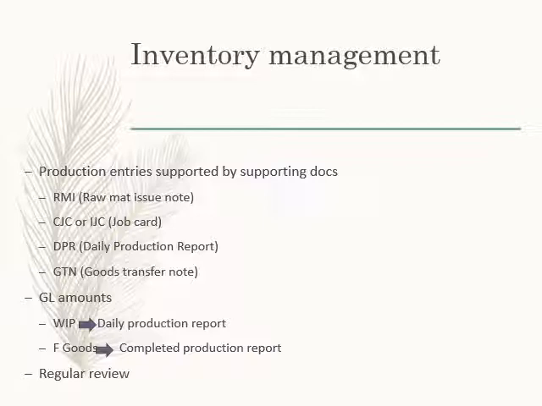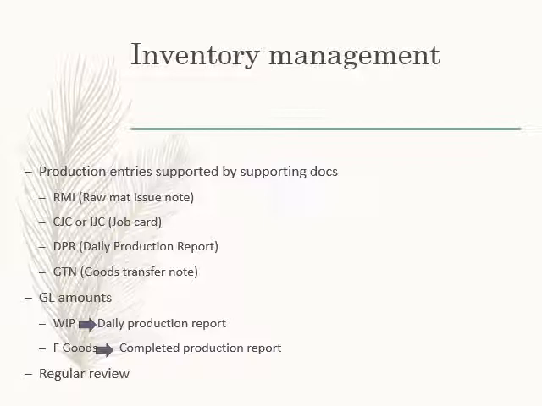When goods are transferred from one department to the next, ultimately they have to be transferred to the finished goods inventory. When this happens, acknowledgement of this final transfer is done by means of a goods transfer note, or a GTN.